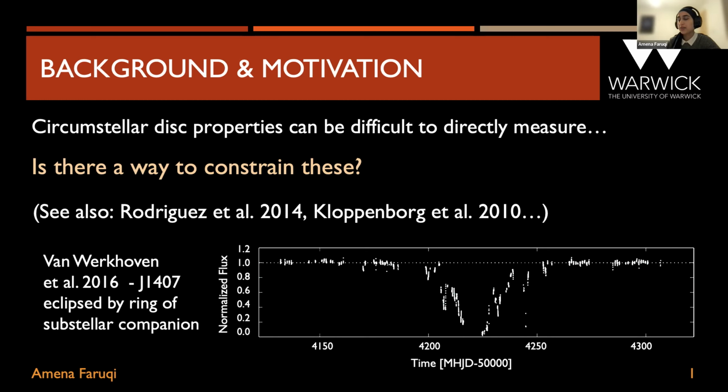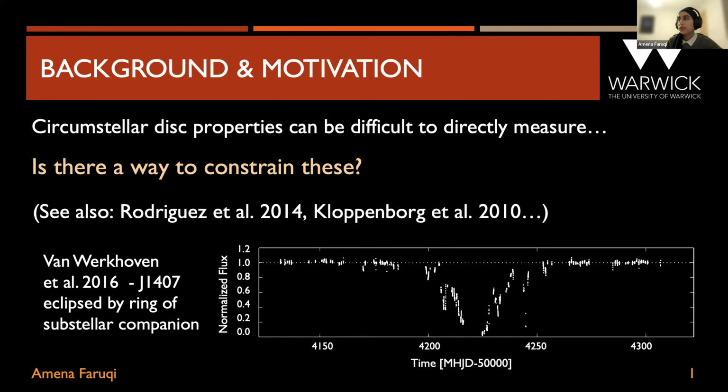We know that a lot of these properties probably have to do with interactions between the star and the disk, many of which are affected by properties of the disk itself. But a lot of these properties can sometimes be difficult to directly measure through observations alone. So we can pose the question: is there a slightly more novel way we could potentially constrain some of these?